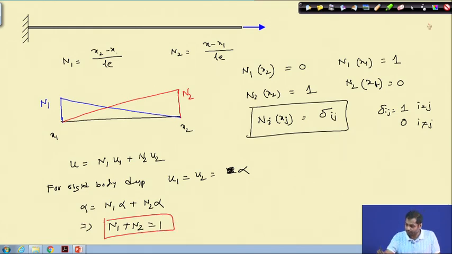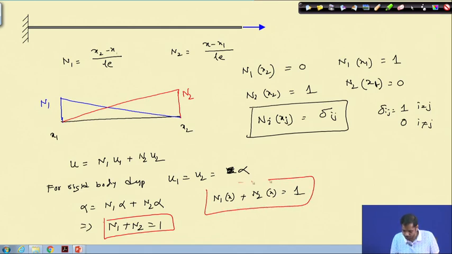And in a more general way, if I write n1 at any point plus n2 at any point, that is equal to 1, right. This is called the partition of unity property, which means if you take any point in the element and sum all these shape functions, this summation will be equal to 1. If it is not 1, then the rigid body motion condition, where the displacements at all the points are the same, is not satisfied, right. So, these are some properties of shape functions.